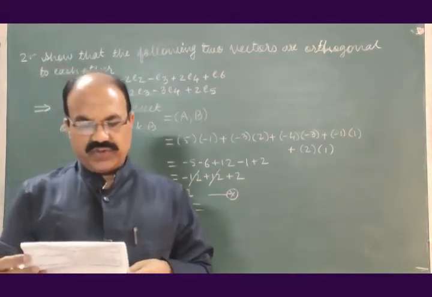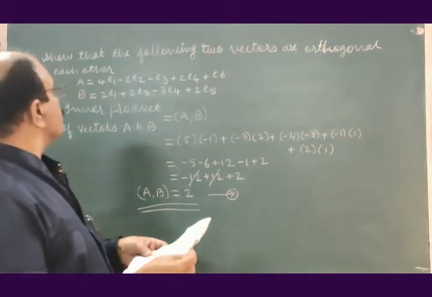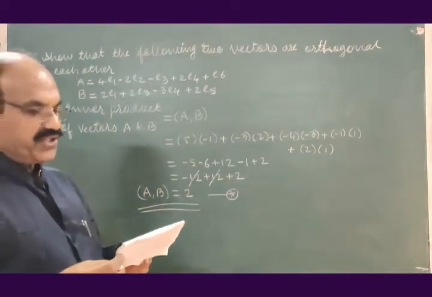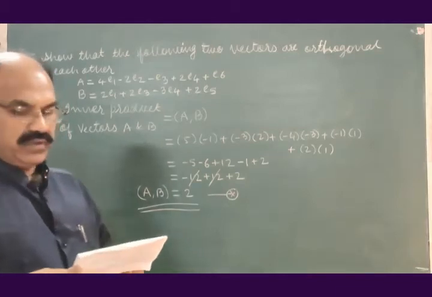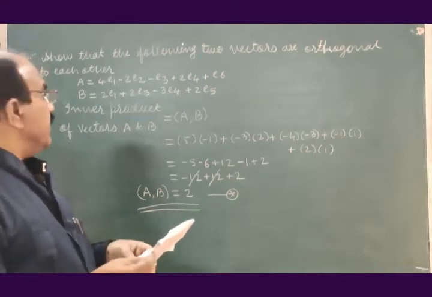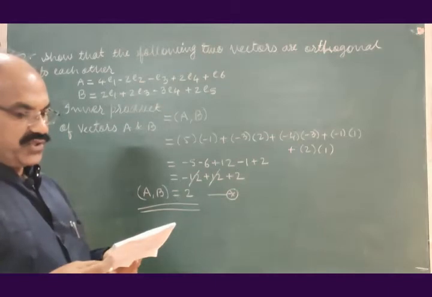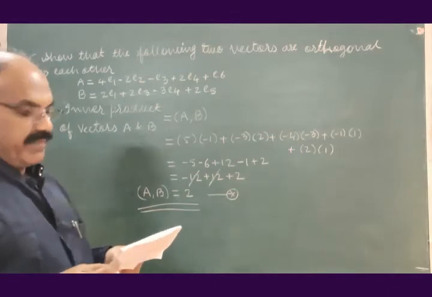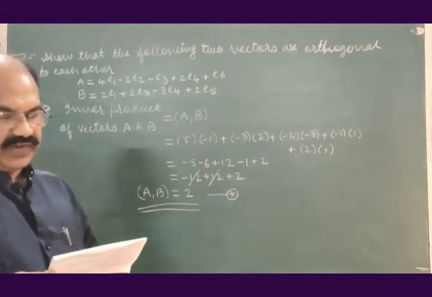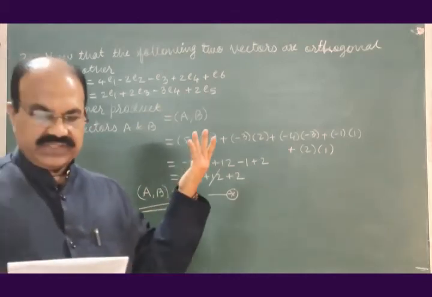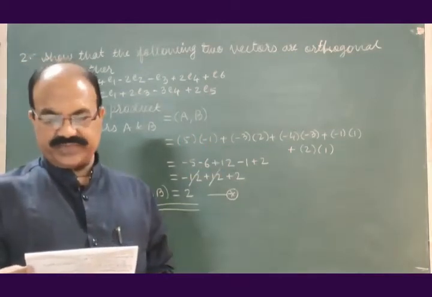Vector A is equal to 4e1 minus 2e2 minus e3 plus 2e4 plus e6. B is equal to 2e1 plus 2e3 minus 3e4 plus 2e5, where e1 to e6 form an orthogonal set.